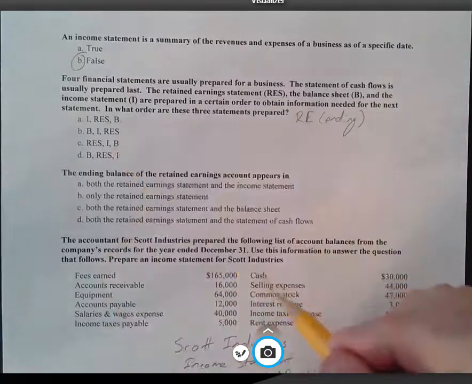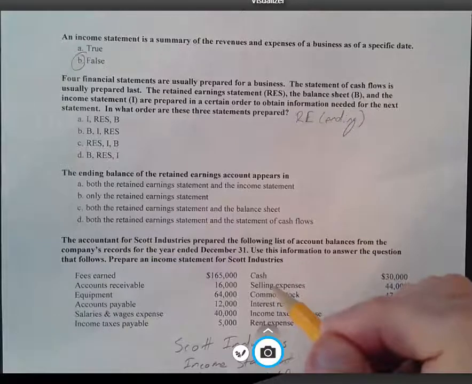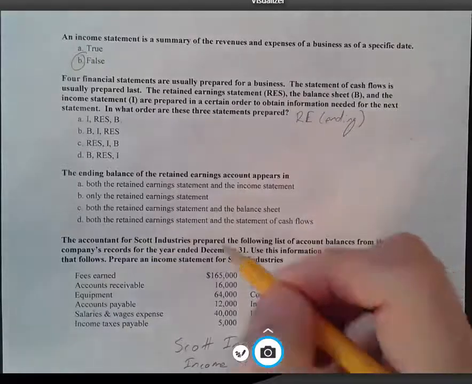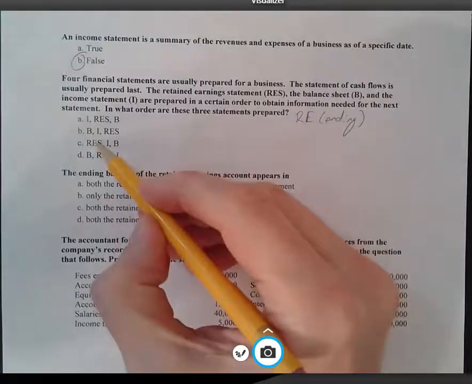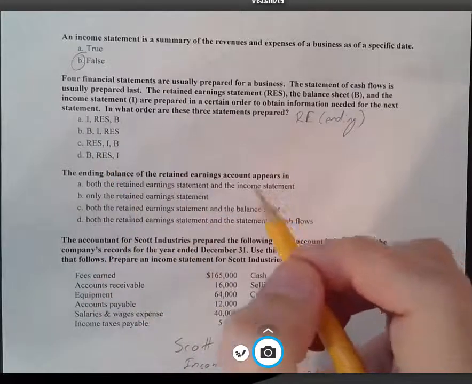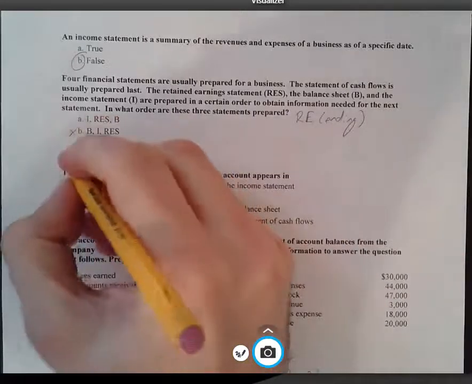Okay, so now we have to choose between the income statement and the retained earnings statement, because we've kind of eliminated choices B and D here.